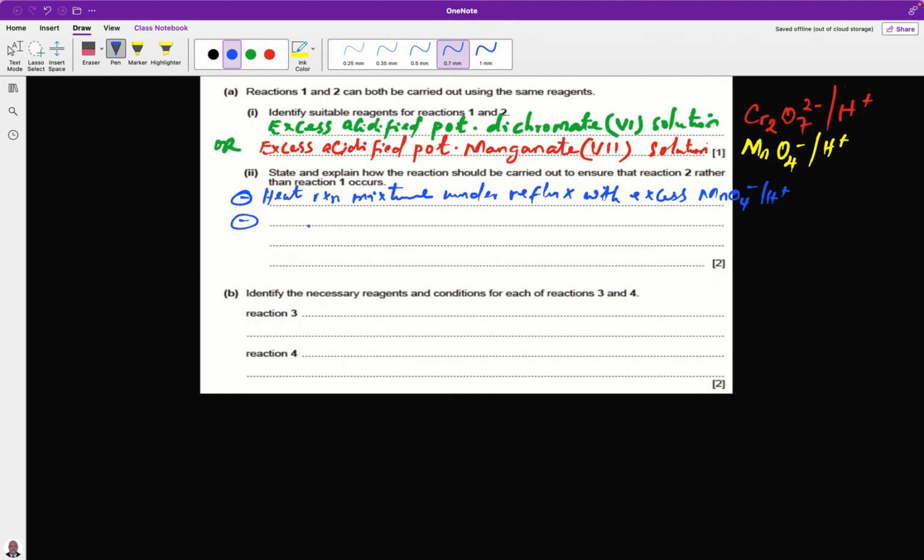We can say distill propanol immediately it is formed.